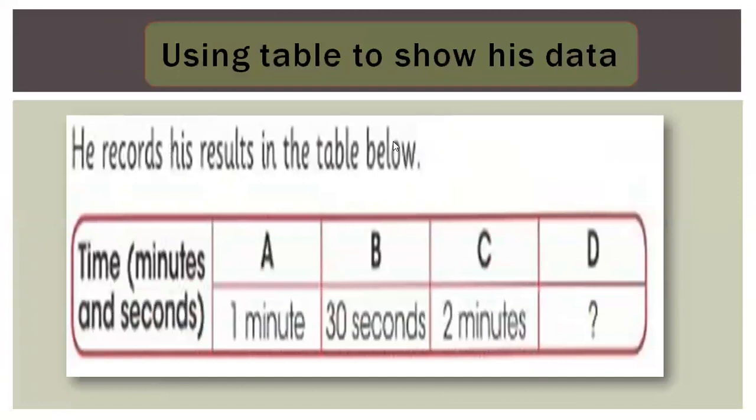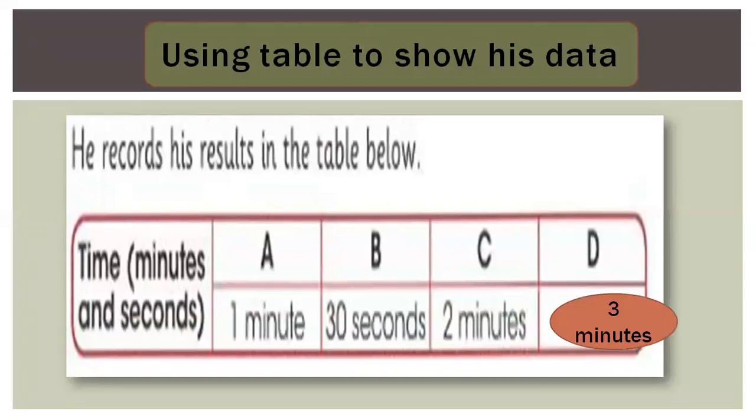This is how you can show your data in the form of a table. Time, minutes, and seconds. So we are going to talk about the time in minutes and seconds. A is 1 minute, B is 30 seconds, C is 2 minutes. What about D, boys?